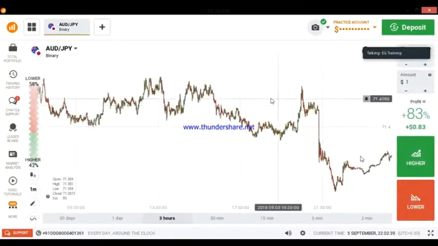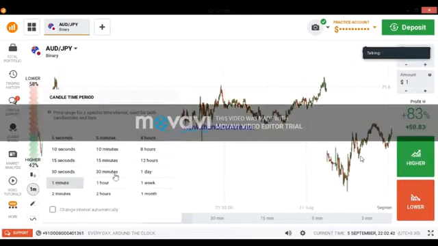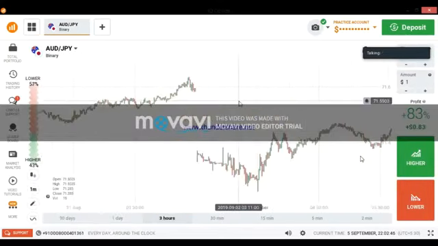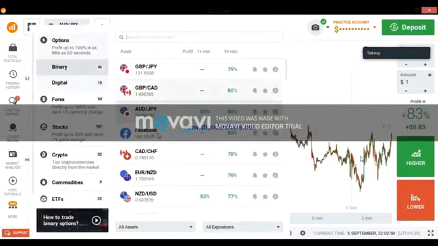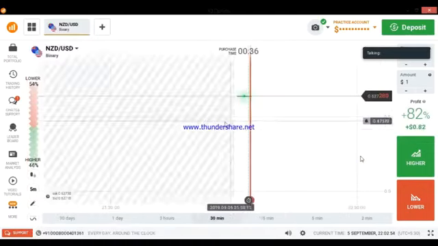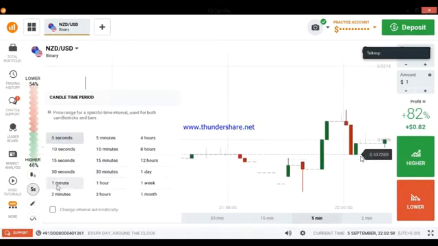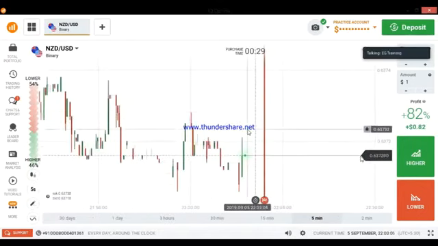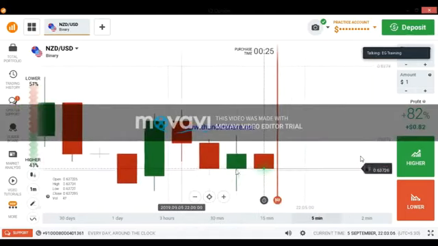Near to this price bar, I will try to go. I think there is no chance here. I'll show you in this pair. This is a price bar.